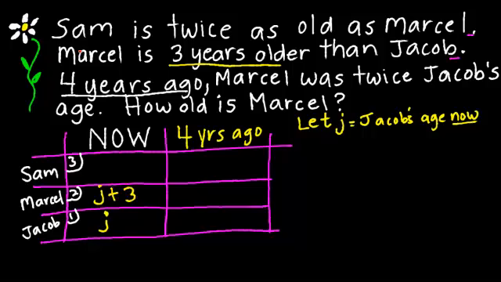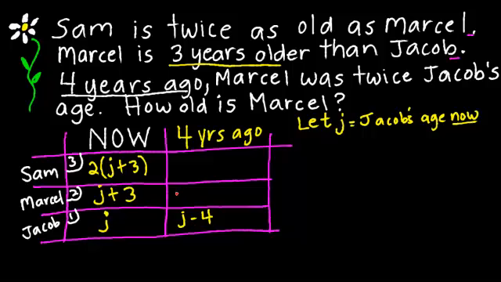Then we see the first sentence said Sam was twice as old as Marcel. So that's going to look like this: 2 times Marcel's age, 2 times (J plus 3). Now we can talk about 4 years ago. Well, 4 years ago, Jacob was 4 years younger, so we'd write J minus 4.